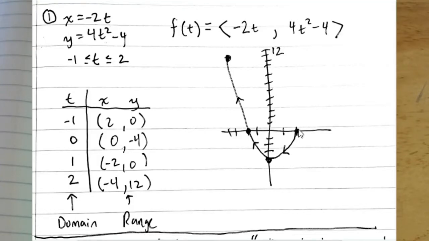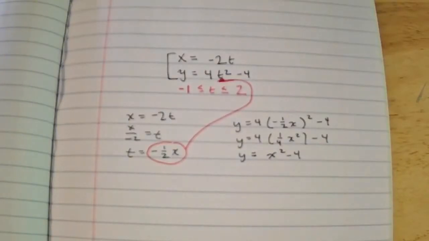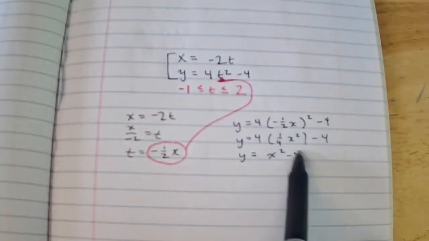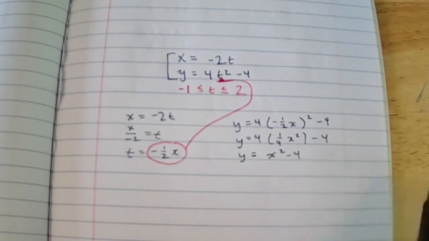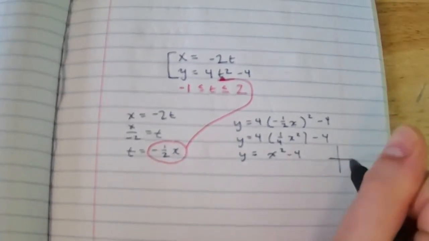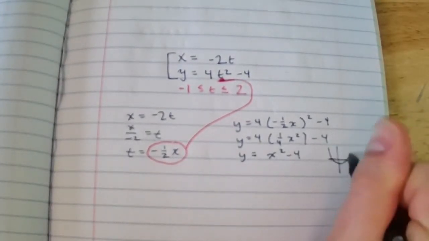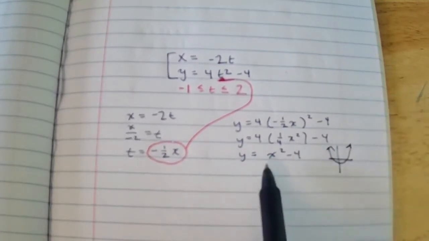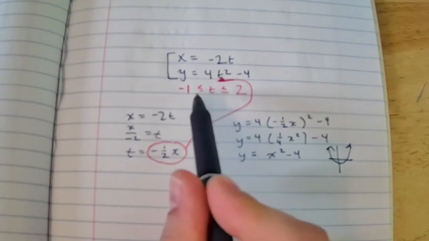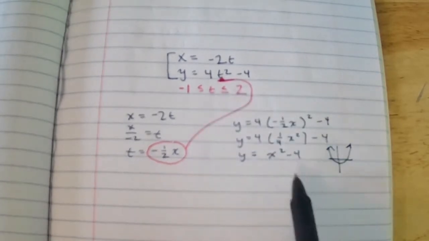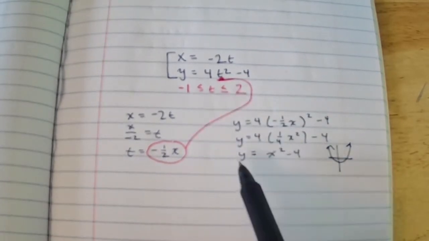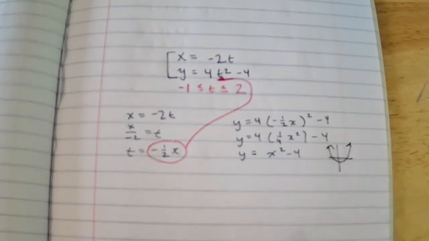We also want to account for that when we convert to rectangular form, because if we were to just sketch this by itself, that would be the entire parabola, right? So we also want to convert the domain in terms of t to the domain that we need in terms of x.